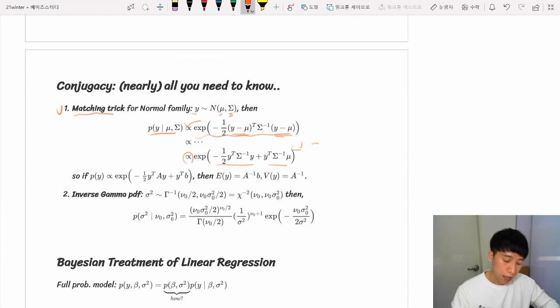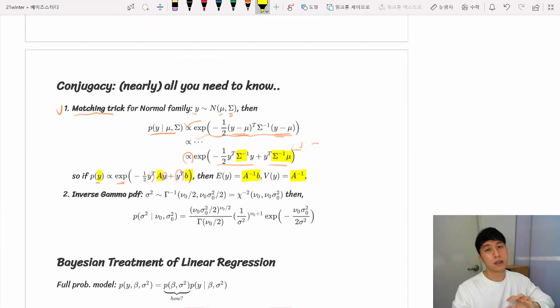The key point is that if you spot that a random vector y has a density proportional to this exponential term, and inside the exponential term you see a quadratic form of y, and also y transpose b, then comparing these two spots right here, we can say that the variance of y would be the inverse of A, and the expectation of this random vector would be the inverse of A times b.